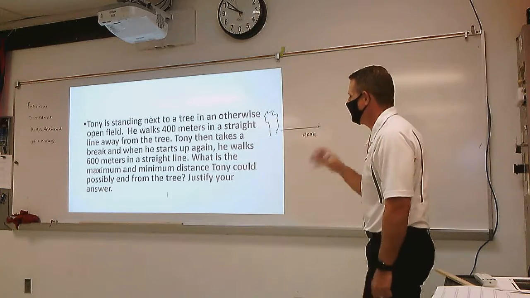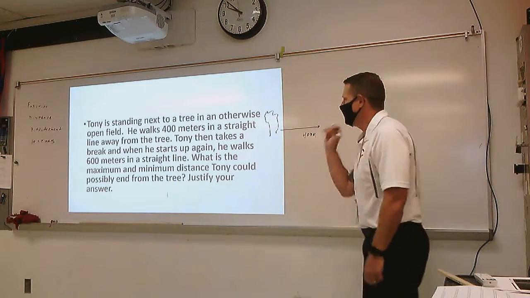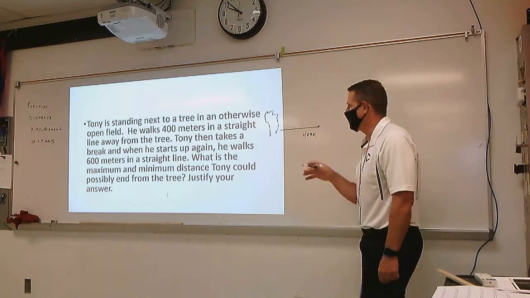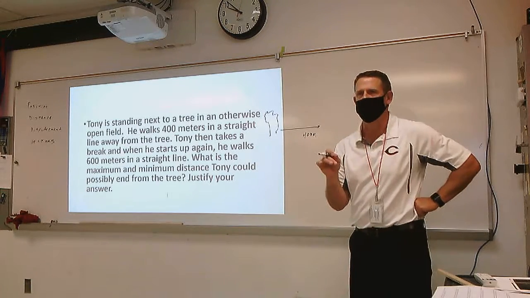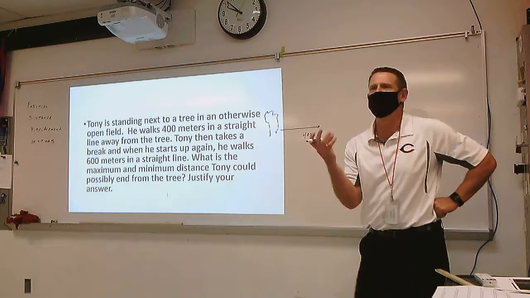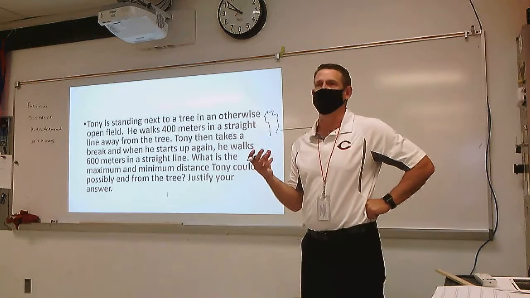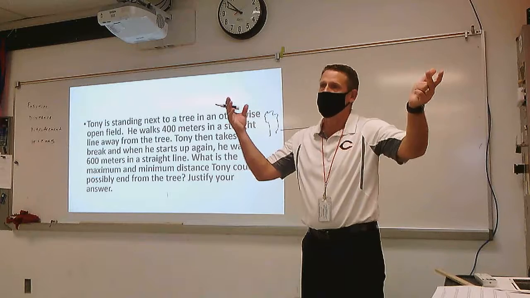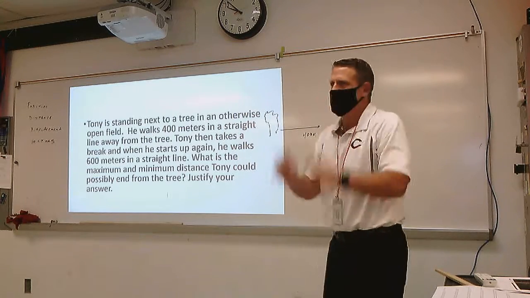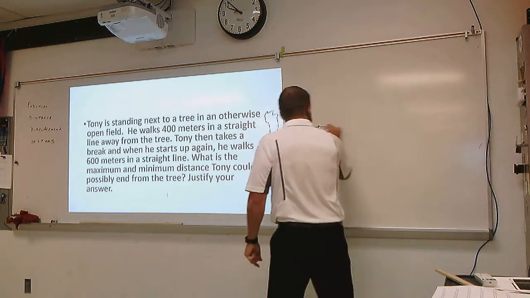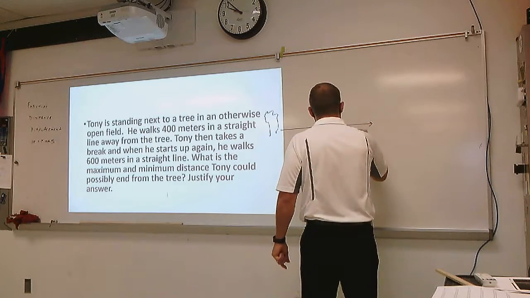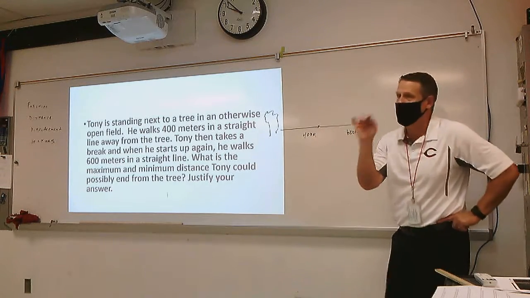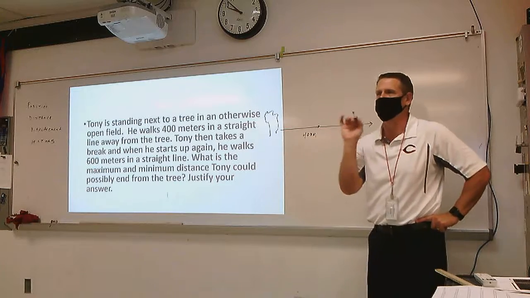So he walks 400 meters in a straight line away. Tony then takes a break. When he starts up again, he walks 600 meters in a straight line. What's the key here? What's not mentioned about that second straight line? Yeah, what direction he's going in. So then he could walk 600 meters this way. And that gives us our maximum distance of 1,000 meters.